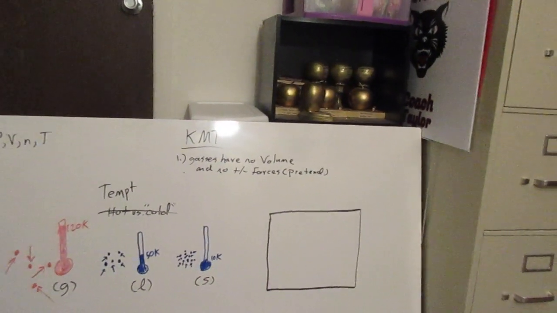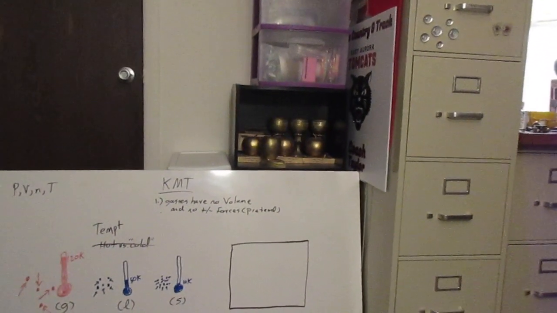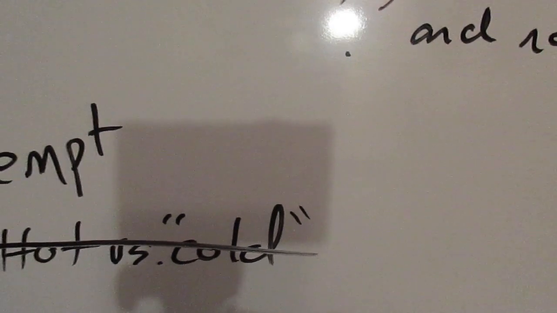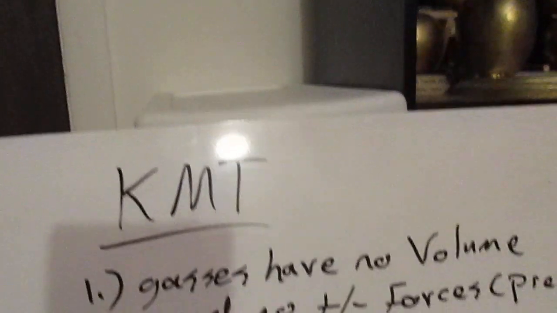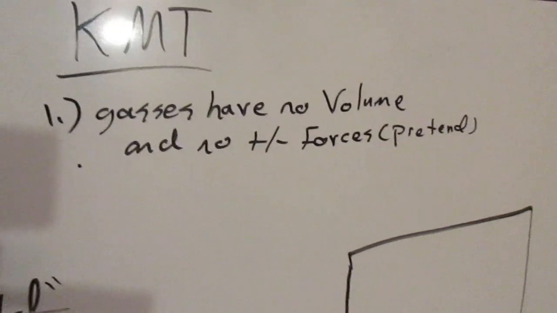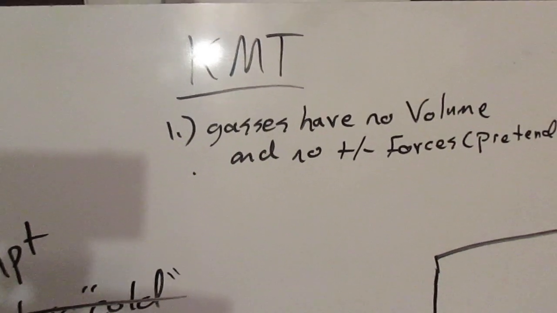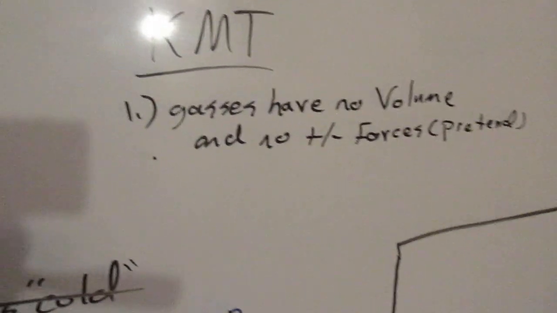If you can, I'll just keep backing it up. There's a point where you can't see anymore, but that doesn't mean it's not there. Gases are the same way. They're really, really small, and they work their way through there. This allows us to do a lot of easy calculations, including the ideal gas law. When you get to college, you'll talk about more advanced laws where we don't pretend anymore. But right now, we're good.